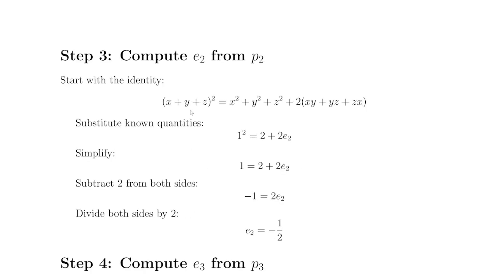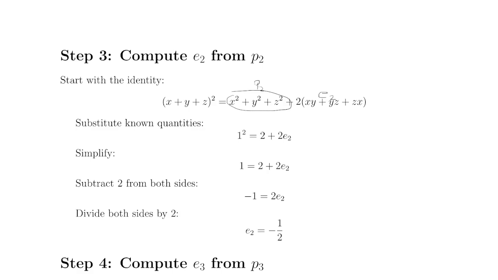Now we want to compute E2 from P2. So let's start off with the identity of quantity x plus y plus z squared. That could be rewritten as x squared plus y squared plus z squared plus 2 times the quantity xy plus yz plus zx. Now this thing is going to be E2. This is P2.